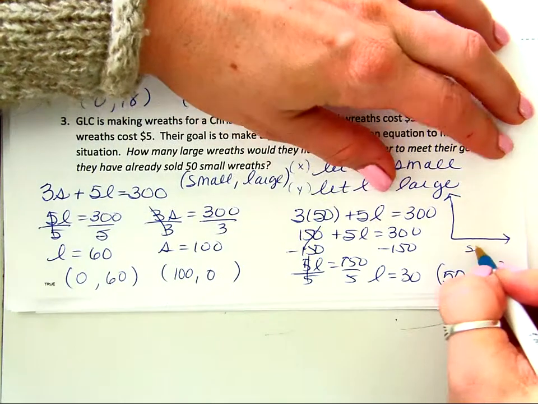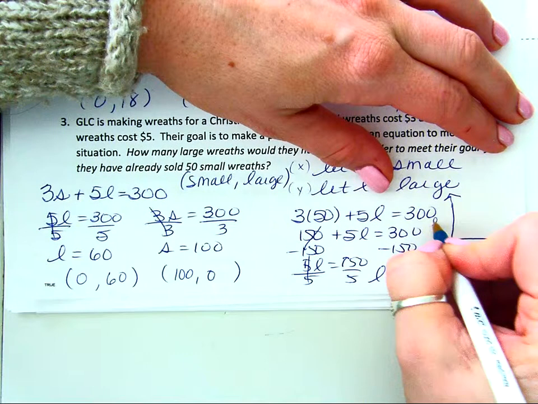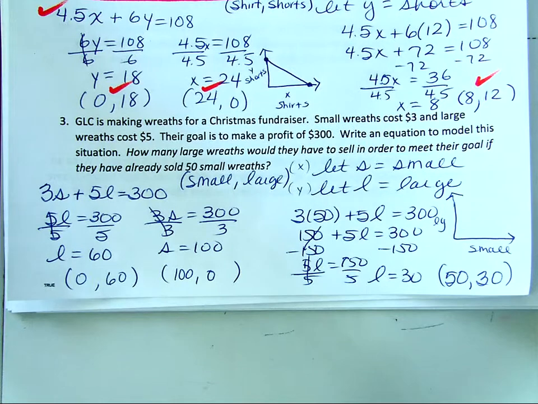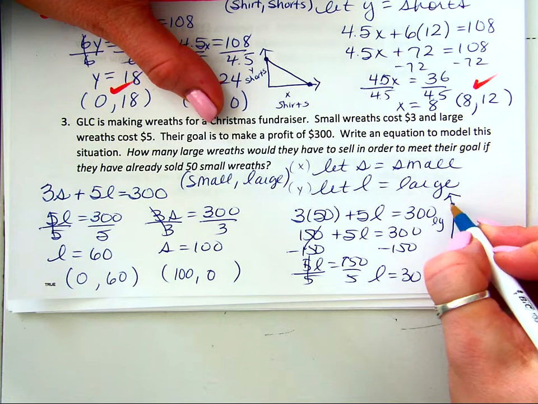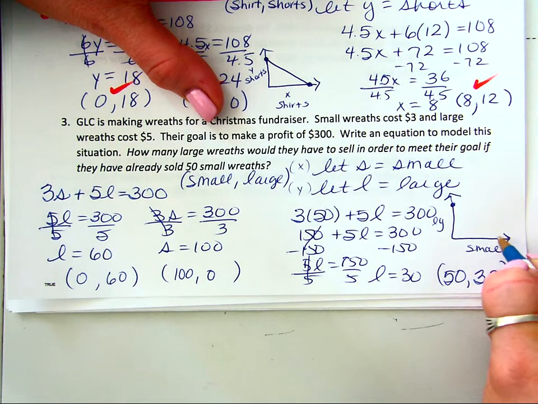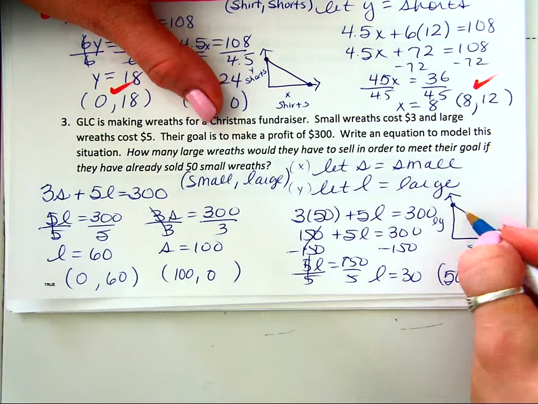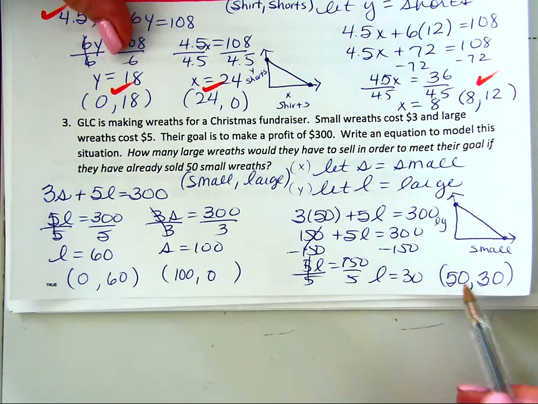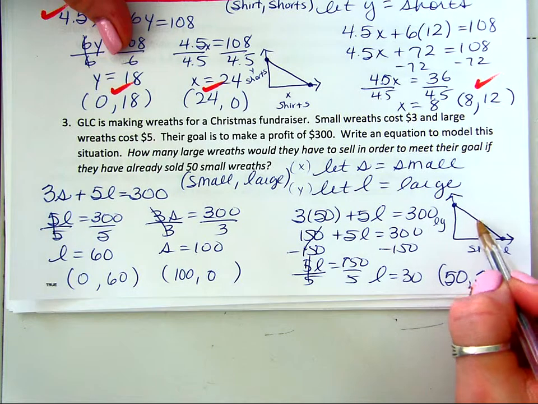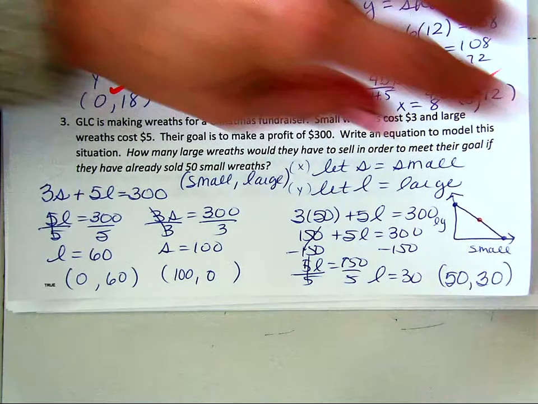I need to give you guys some more room, don't I? And then this would be 0, 60 large, 100 small. And when I connect this, guess what point is on that line? 50, 30. Okay? Think you got it? All right, good stuff.